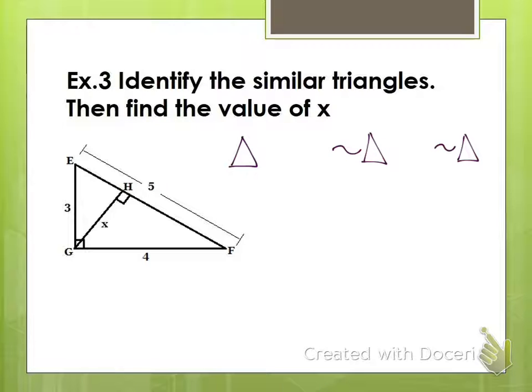How do you want to name it? GEF. Okay. Of course, if you made a different decision, that just means the rest of your similarity statement will look a little different. G for our giant triangle is the right angle. So either of the next two are going to have to start with H for the right angle.